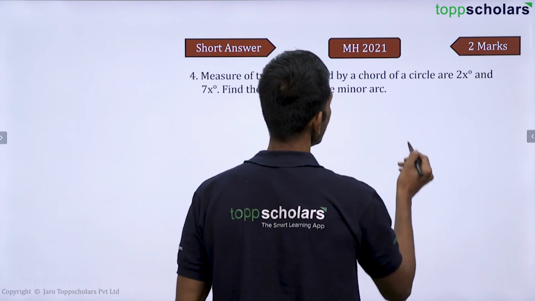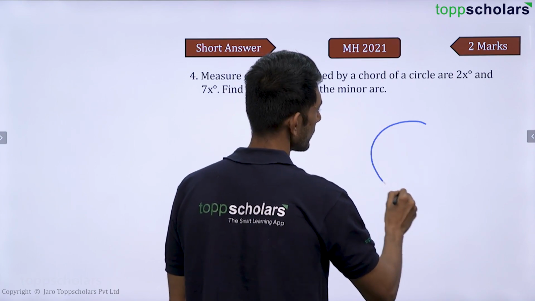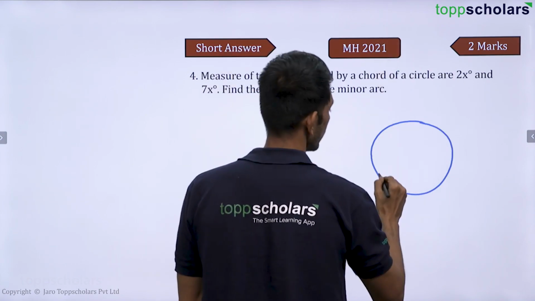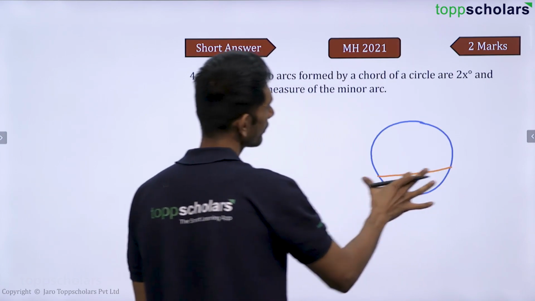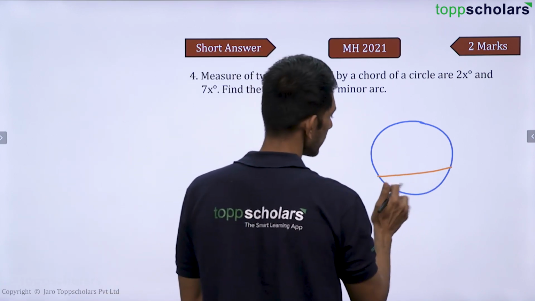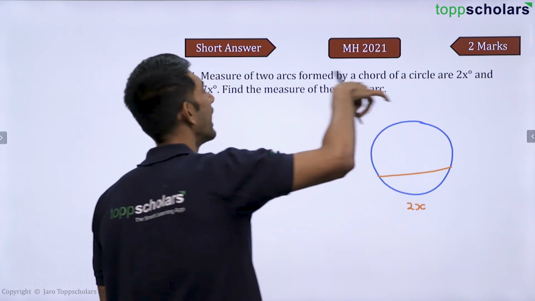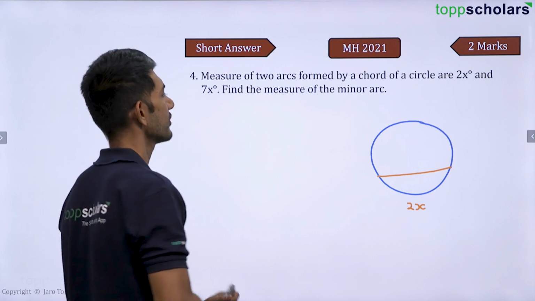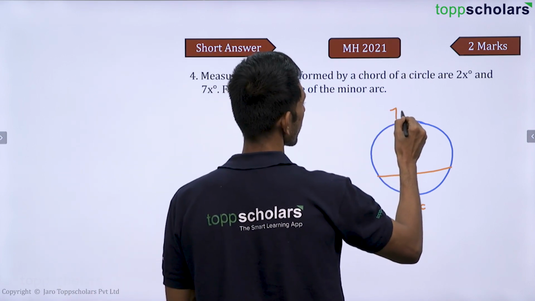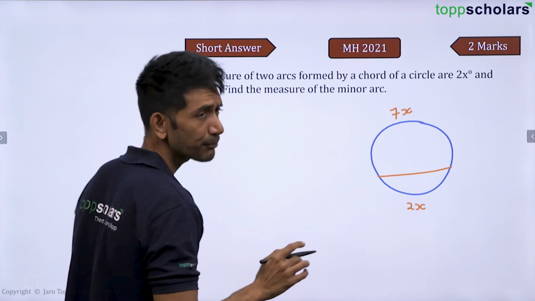Okay. So definitely you need a circle, right? You need a circle. Have a chord. Now this chord is subtending a smaller arc whose measure is 2x degrees and a larger arc whose measure is 7x degrees. We are supposed to find out the measure of the minor arc.